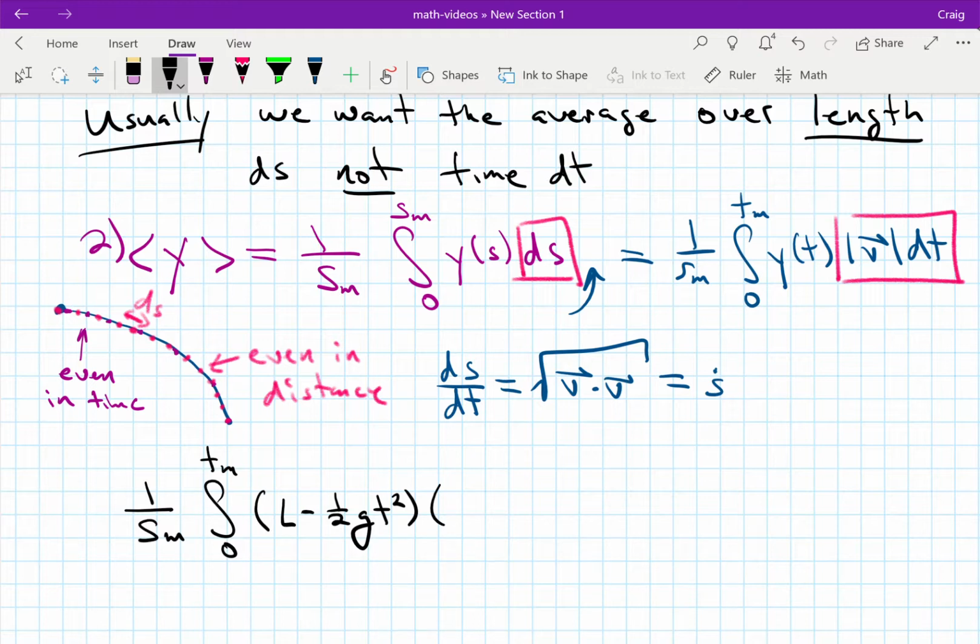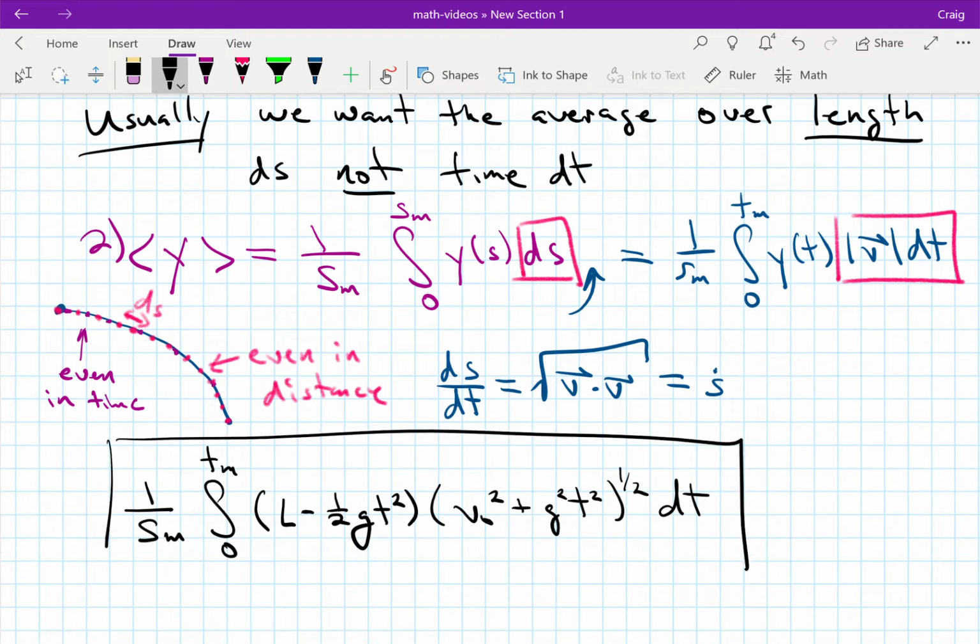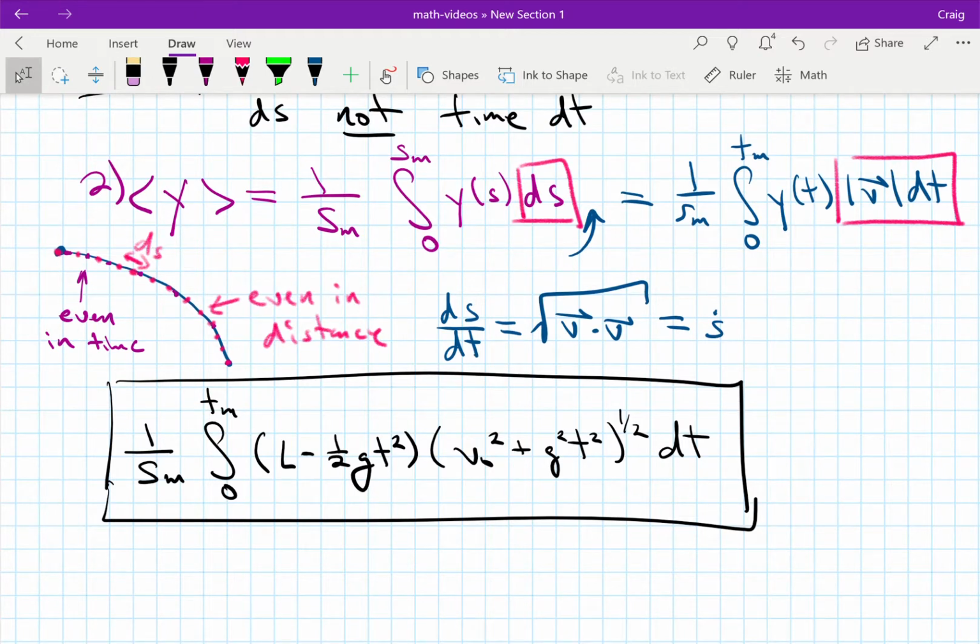The speed is the square root of v naught squared plus g squared t squared. I'm integrating that thing with respect to time. So this is the average height when I'm averaging over the distance traveled along the path.